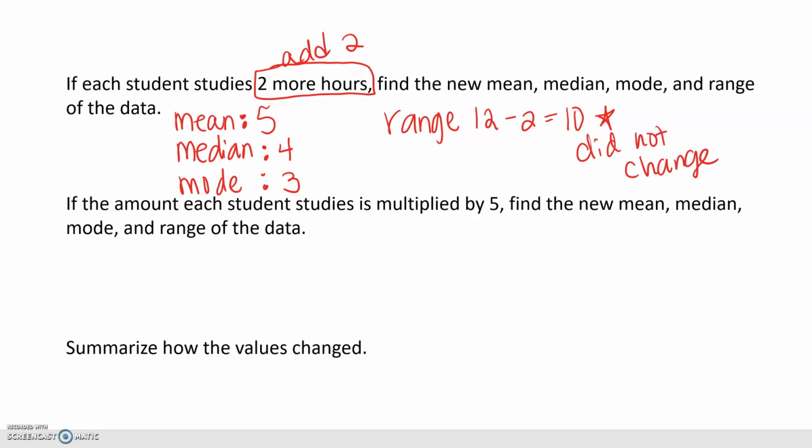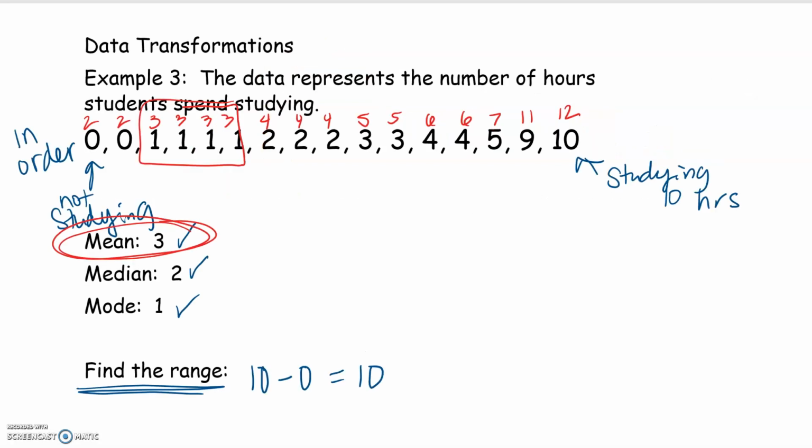If the amount each student studies is multiplied by 5, find the new mean, median, mode, and range. So again, I'm going to look at those numbers. I'll write these new values underneath. We're multiplying by 5, so 0 times 5 gets me 0 still.